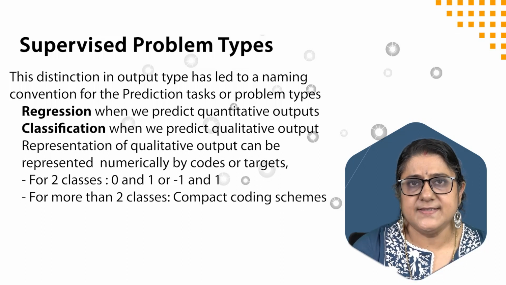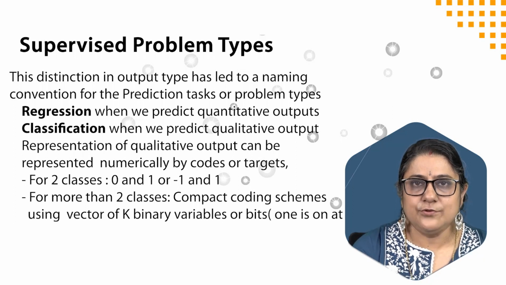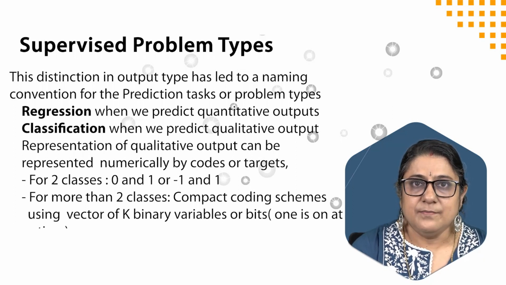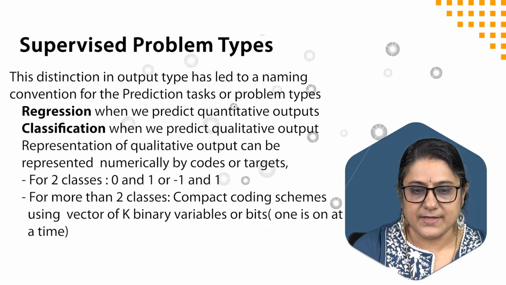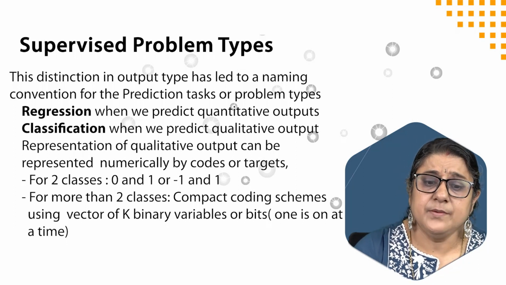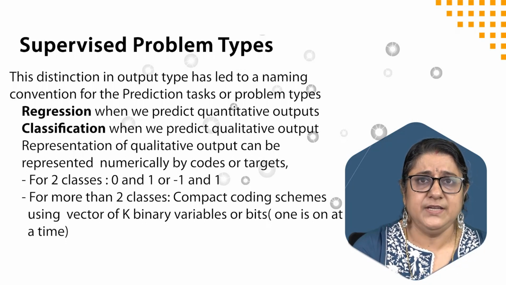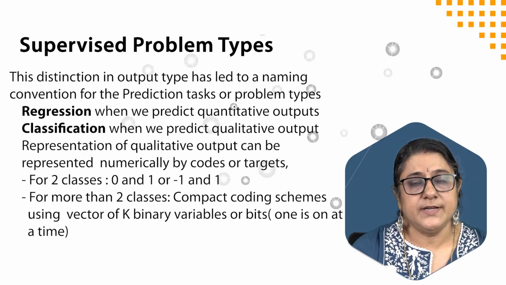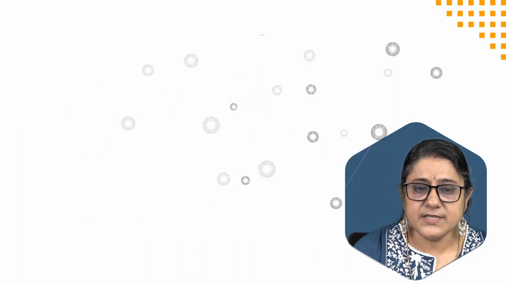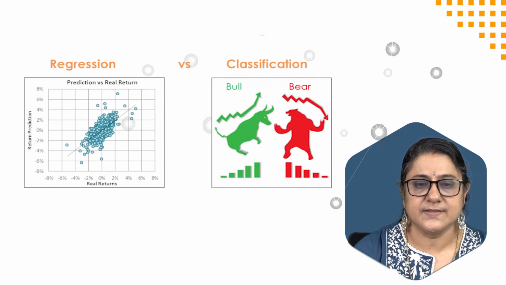If we see the classes are 0 and 1, there may be a confusion. 0, 1 is quantitative, correct? But we can also say it is categorical because there is a binary class, 0 and 1, or -1 and 1. There can be more than two classes, 0, 1, 2, A, B, C. So the output, if it is quantitative, we say it is a regression task, and otherwise if categorical, it is called a classification task.